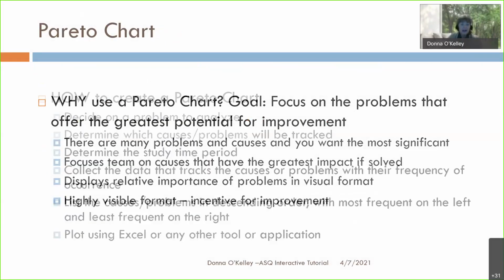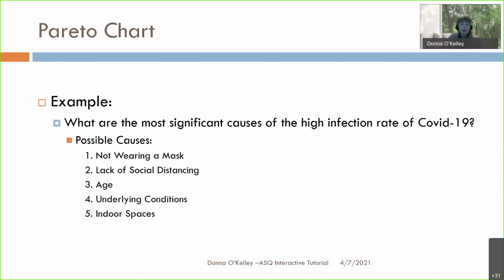So I had an example of a Pareto chart from a workshop in my class. The problem was that we're trying to find significant causes of the high infection rate of the virus. Possible causes of this high rate of transmission or infection were not wearing a mask, lack of social distancing, age, underlying conditions, and being in indoor spaces.